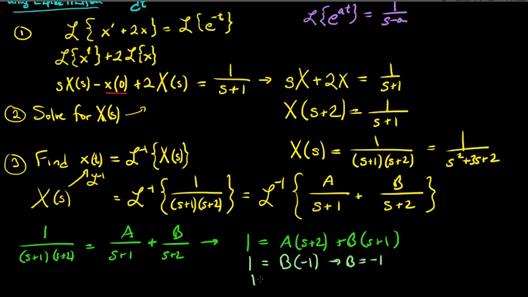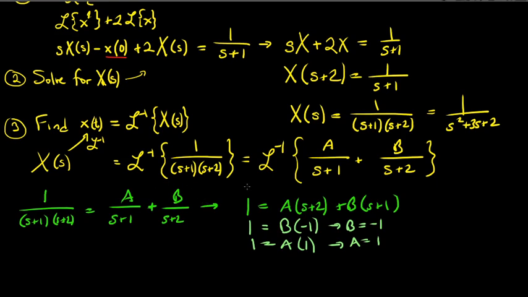And if you plug in -1, then this is 0, and you get A times 1, so A is 1. Again, we probably should have just guessed that. A is 1, B is -1.